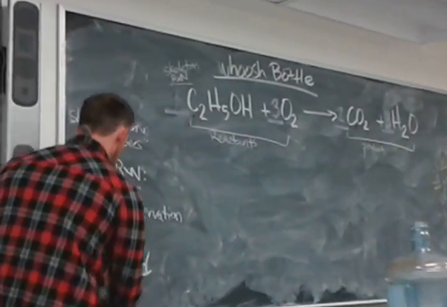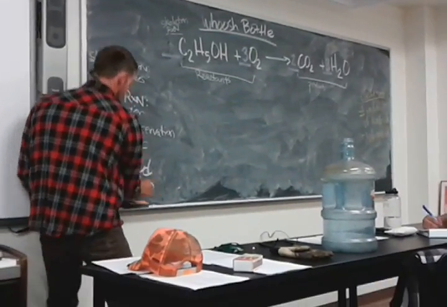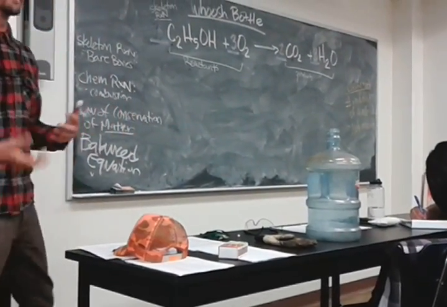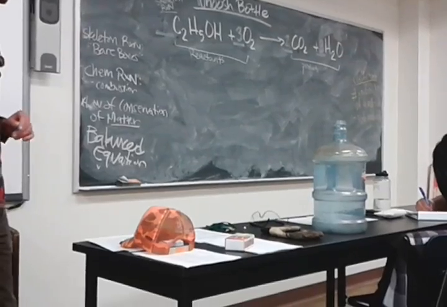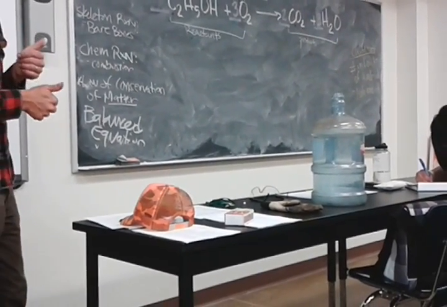So we have these balanced equations which show us now these relative amounts of each atom in our chemical equation. Cool? Okay. Good.